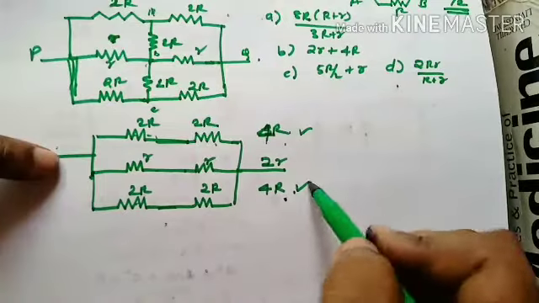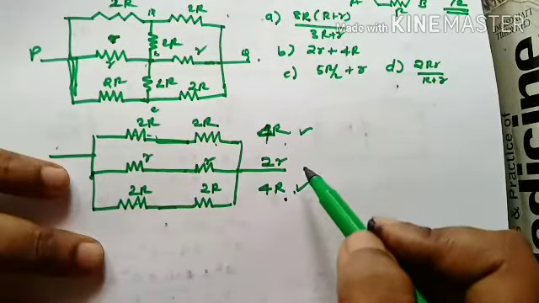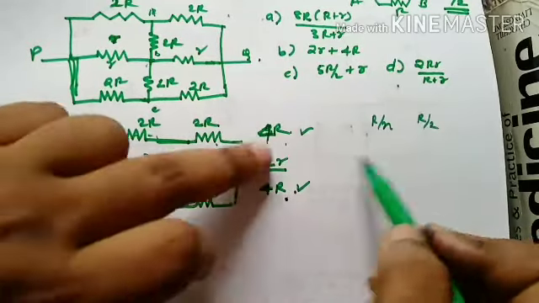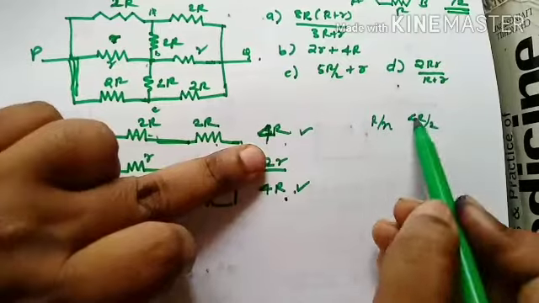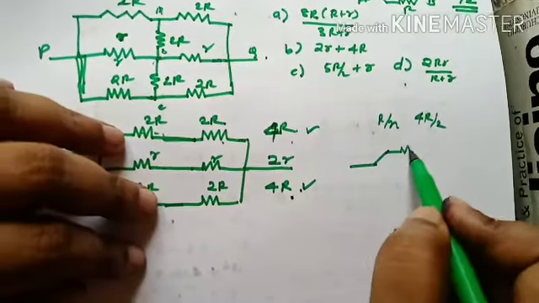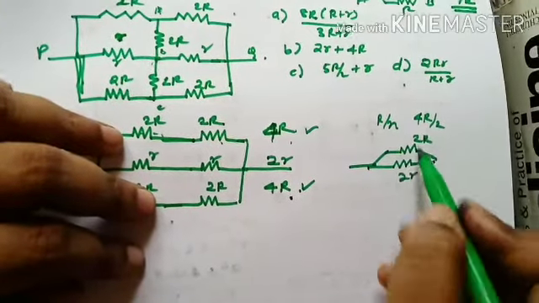Let's take those resistances which are easy to solve. 4R and 4R are the same values and there are two of them in parallel. So R by N, here R by 2, and in place of R there is 4R, so 4R by 2 is 2R. So the current circuit will be like this: 2R and there is a small 2R in parallel.